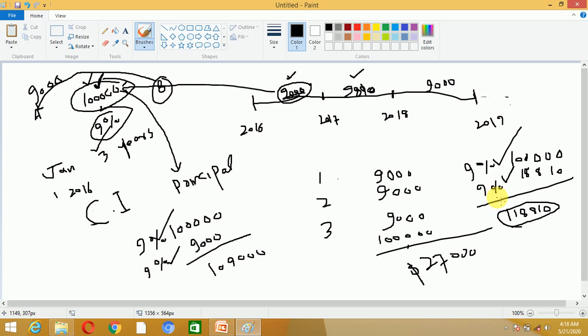So the total amount becomes 118,810, and on this amount you will receive 9%, so we are getting 10,692.